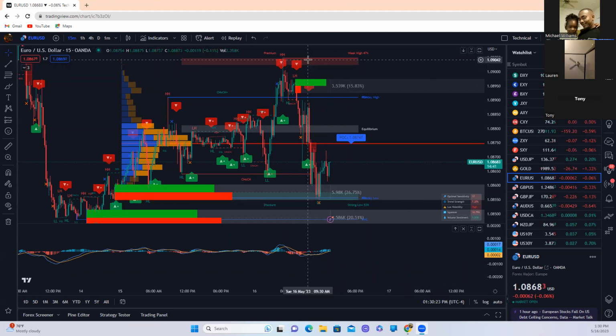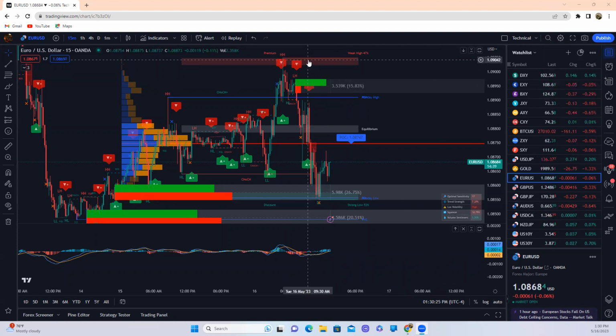So once price gets back to the premium on the 15-minute, you'll see the premium on the 1 minute start to match it. The 1 minute will adjust to match the premium zone on the 15-minute at that point. Because if price is at the extreme highs and lows on the 15-minute, then it's at the extremes on the 1 minute as well.